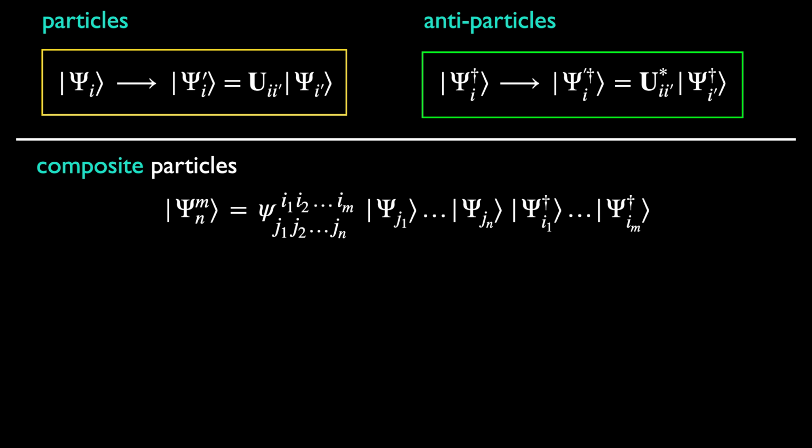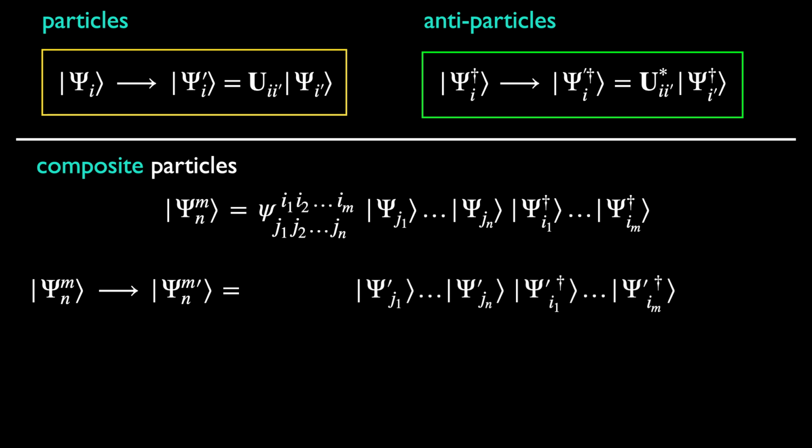Let's see how this state of a composite particle transforms under SU(N). This is quite straightforward. Just apply the transformation rules for the single particle states to each state in the products.